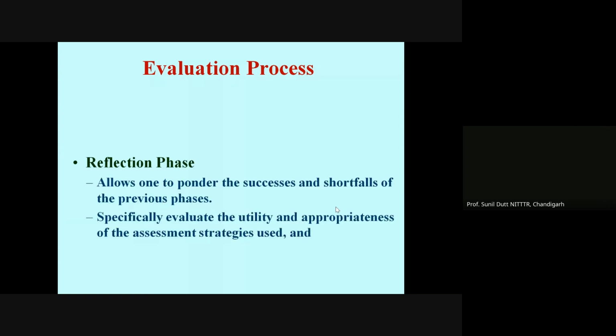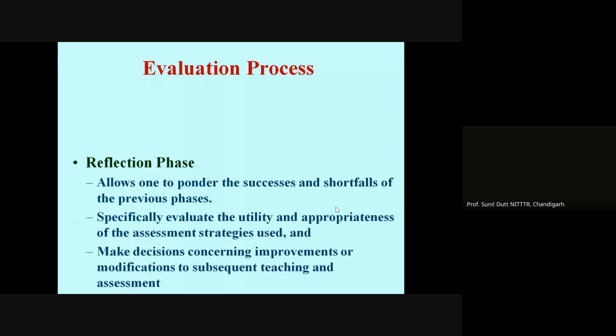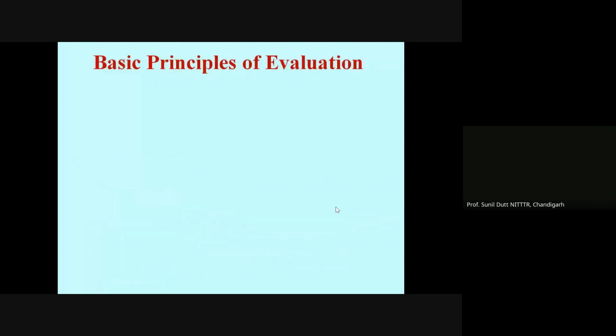He can make decisions concerning improvements or modifications to subsequent instruction, subsequent assessment, and so on. Whether it is placement evaluation, formative evaluation, summative evaluation, or diagnostic evaluation, all these processes involve all four phases. Now, coming to the basic principles of evaluation, as a teacher, you must also know.